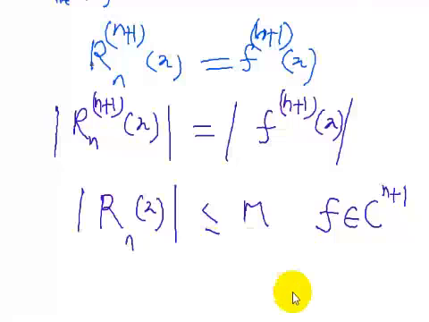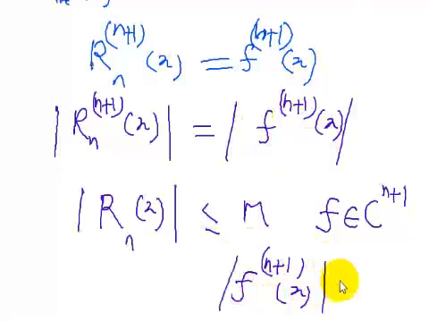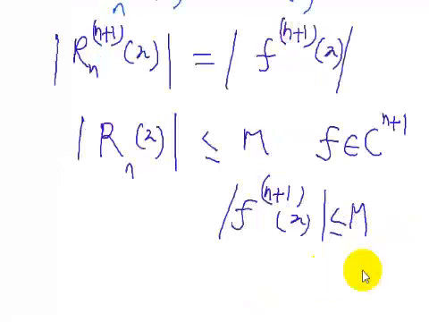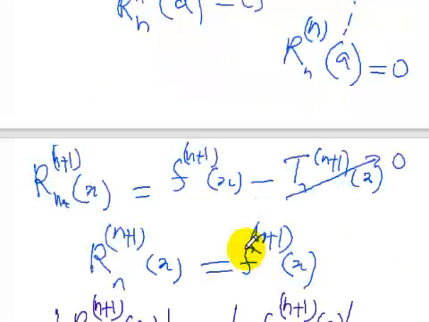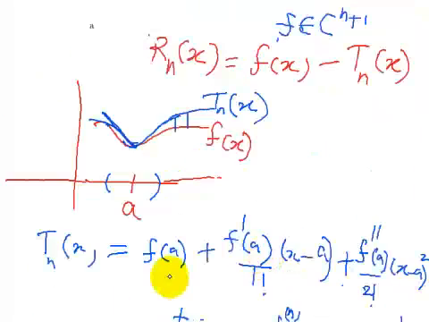Therefore we can say, suppose the n plus 1 derivative of f is bounded over the interval a and b. So here b is some value here.